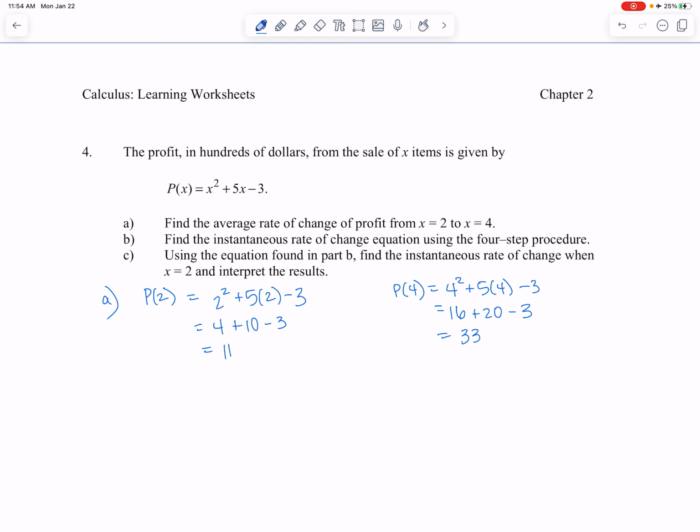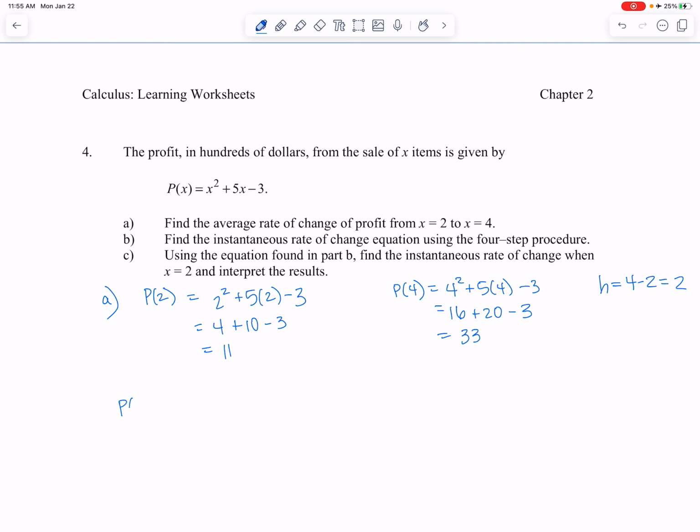Let's use our average rate of change formula. The one other thing we might want to note is that our h value is the difference between our x's. So 4 minus 2 gives us 2. So we had a change of x of 2. Okay, so now let's plug all these things in.